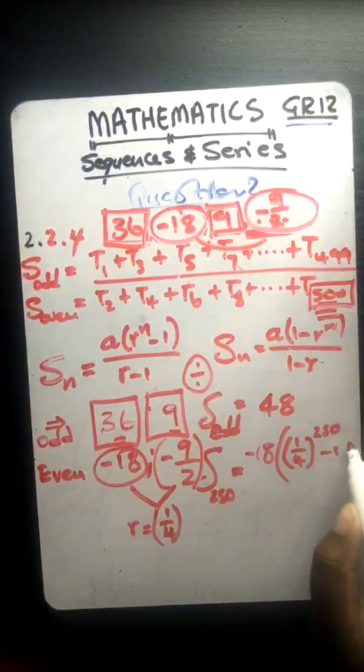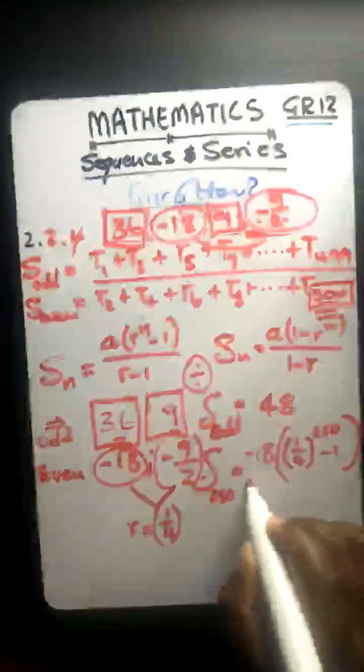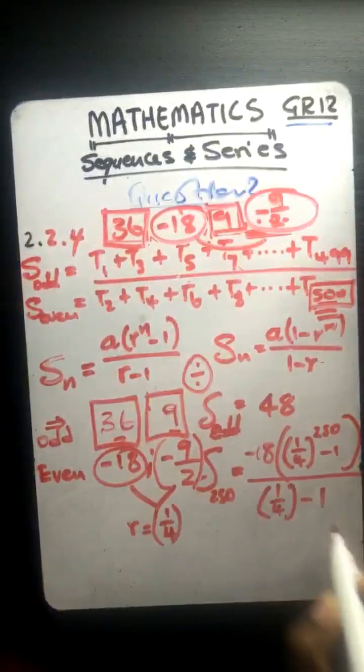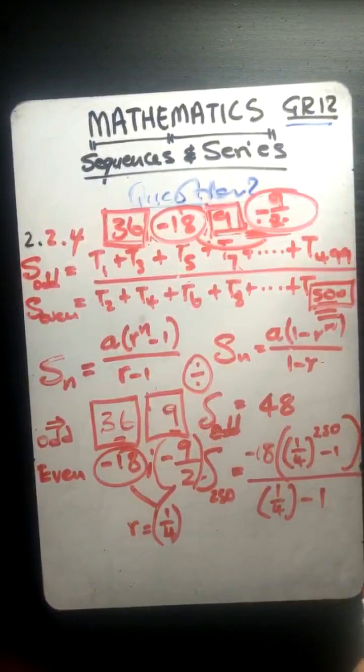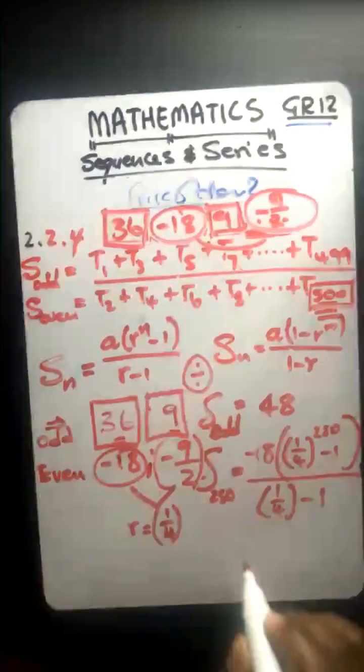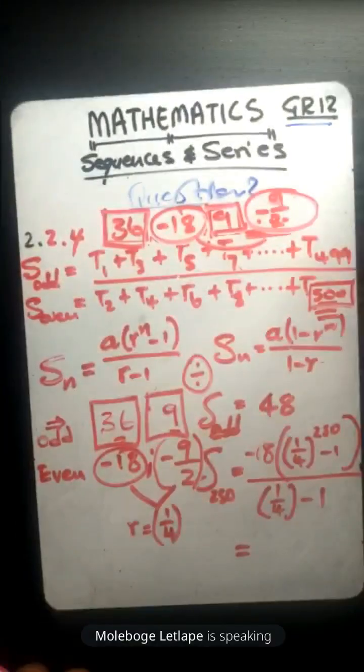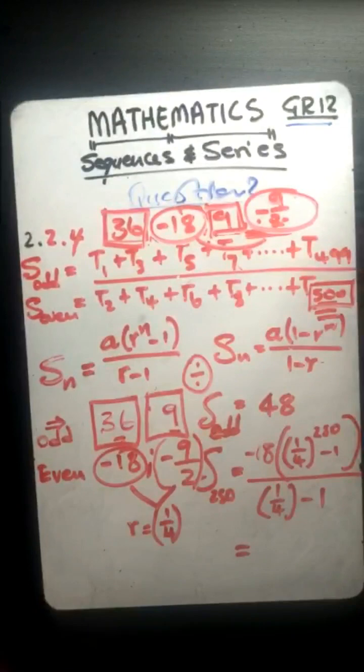250 minus 1. Then you close. Over. What is R? We still have 1 over 4 minus 1. Then what is the answer there? Let me quickly punch so you have a feel of how fast you should be able to do it.